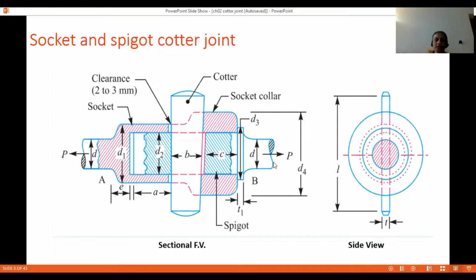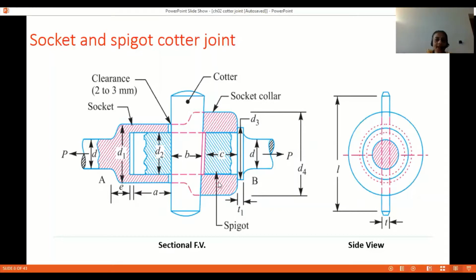The cotter joint is subjected to load P, which will be either tensile or compressive. d is the diameter of the rod. d1 is the outer diameter of the socket. d2 is the inner diameter of the socket as well as the diameter of the spigot. d3 is the diameter of the spigot collar.